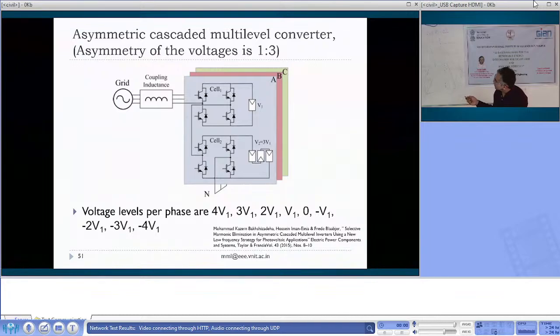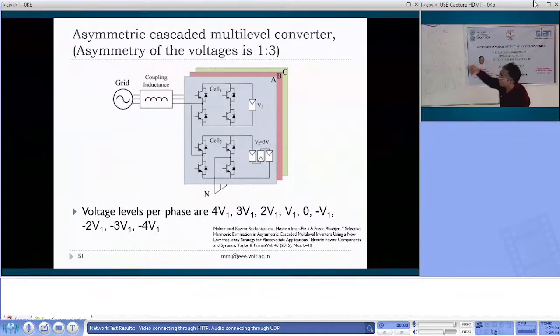Like your H-bridge was producing only VDC, minus VDC or 0. So here V1 and 3V1 can produce how many levels? 1, 2, 3, 4, 5, 7 level. Sorry, 9 level.